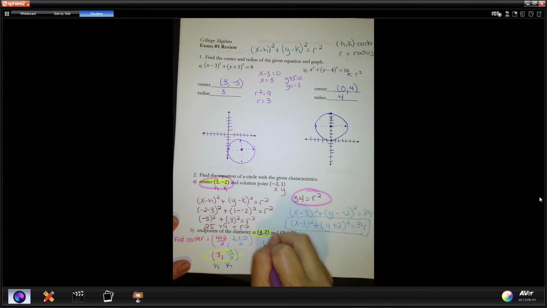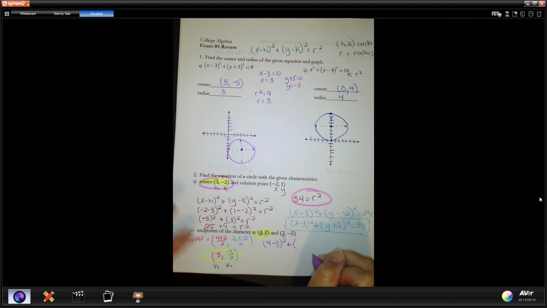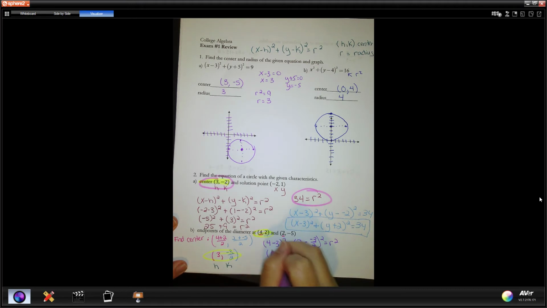This becomes x, so (4 minus 3) squared, plus y, so (2 minus negative 3 halves) squared equals r squared. So now we have 1 squared plus, and in this case this is going to be 7 halves, I believe. Let me double check.